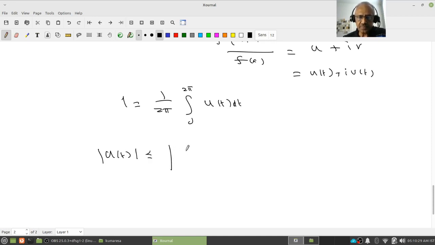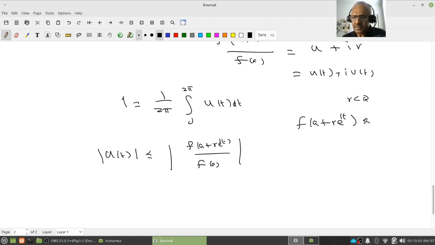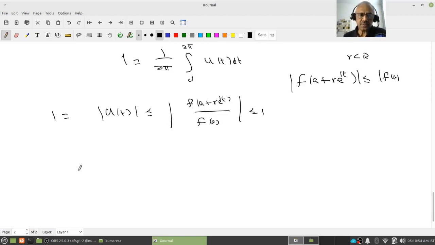And remember, since r is less than capital R, mod f(a plus r e^(it)) is less than or equal to mod f(a), hence this is less than or equal to 1. So modulus of u(t) is less than or equal to 1.